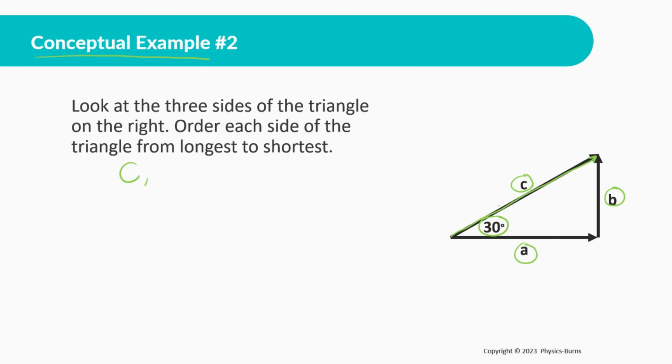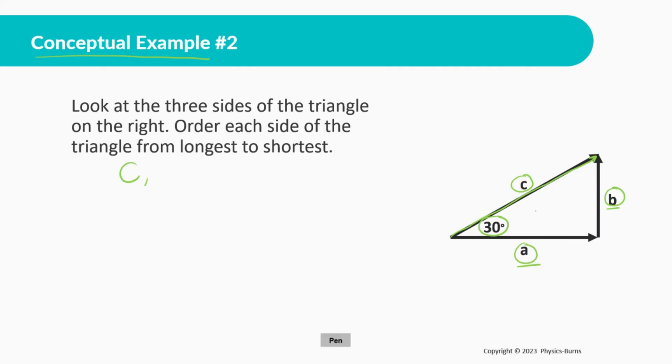If the angle is 45 degrees, B and A would be exactly the same. However, if it's less than 45 degrees, like this one is, B is going to be less than A. If it's more than 45 degrees, then B is going to be more than A. I know that's a little confusing, but let's pull it back a bit.